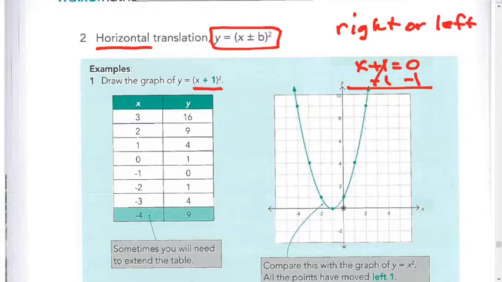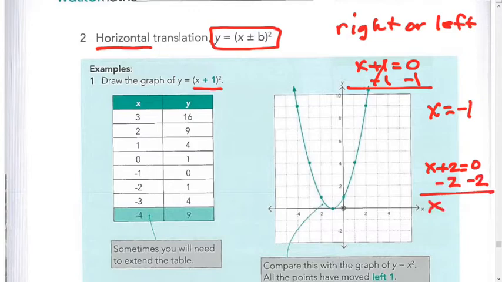And so anytime you take a number away from an x, it always changes its sign, right? Do you remember that? So if you had x plus 2 equals 0, you would subtract the 2 from both sides. The 2's would subtract away on that side, and it becomes a negative 2. And so if we pull that number away from its x, it's going to change its sign, okay?